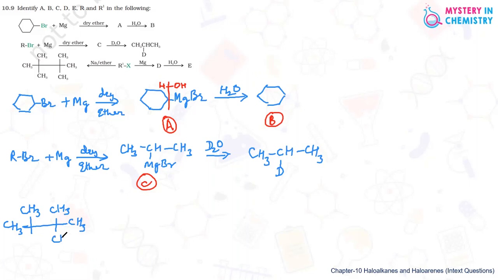So methyl group should be here. This is the starting compound. It is formed when sodium in presence of ether is reacting with one compound, that is R-X.